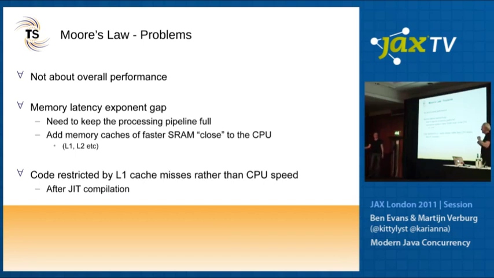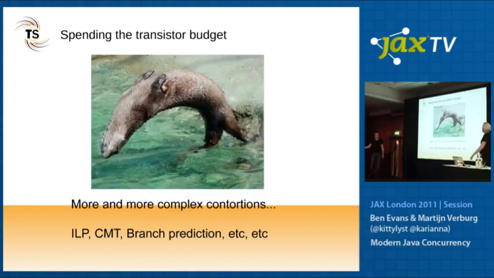That's a problem, because even if you can keep the clock speed going up, you find yourself not being able to keep the pipeline full. The CPU is able to work, but it has nothing to do because it's waiting for the data it needs for the next step of the calculation to catch up. What that means is that effectively you need to spend your transistor budget on doing tricks. You have to go to more and more complex contortions, just like this guy here.